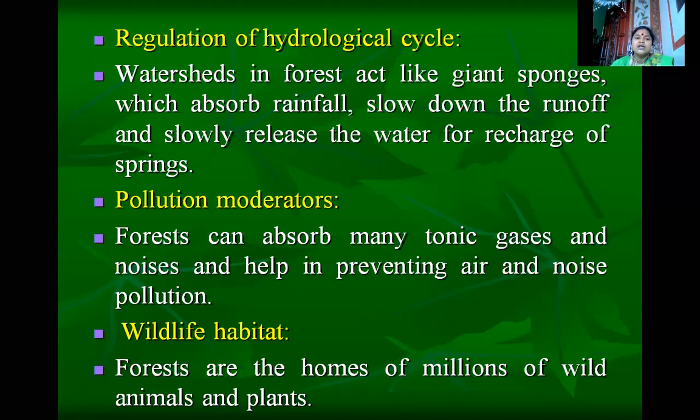But at present it has become 22%. How did it become low? Over exploitation of forests: increase in agricultural production, increase in industrial activities, and increase in demand for wood resources. So these are all the causes of over exploitation.